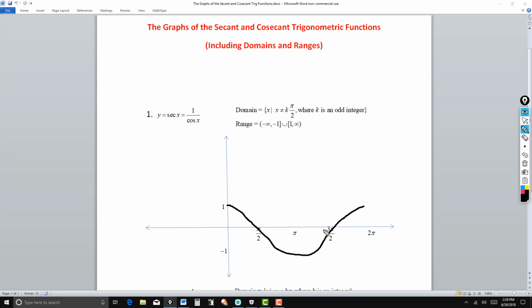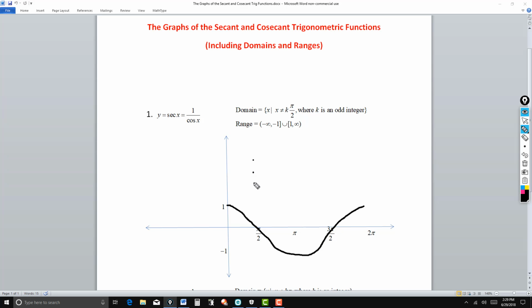That is pi over 2, 3 pi over 2, 5 pi over 2, negative pi over 2, and so forth. So this is where the secant is undefined, whenever cosine of x is 0, so that would be at pi over 2 and 3 pi over 2 if we just look at one period. So we would expect the function secant of x to be undefined there.